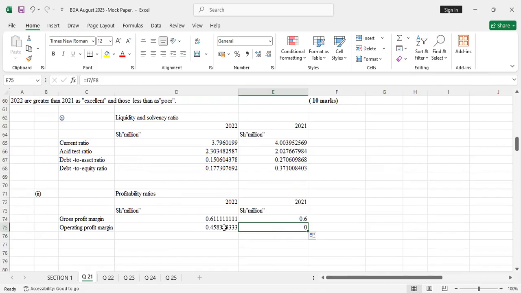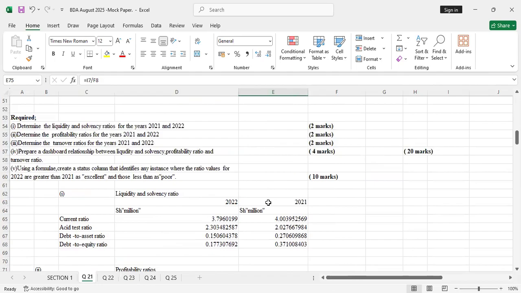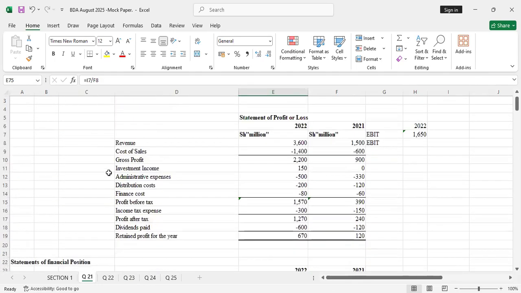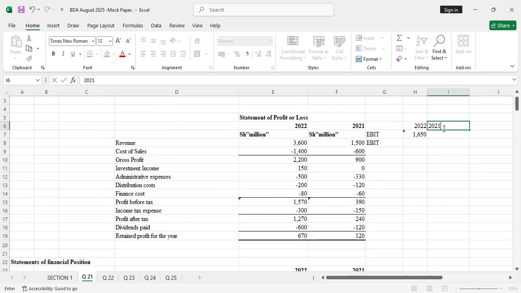So what's happening? Why is it giving me 0? It can't be 0. So I'm going to calculate again for 2021 the earning, because it was not given directly.